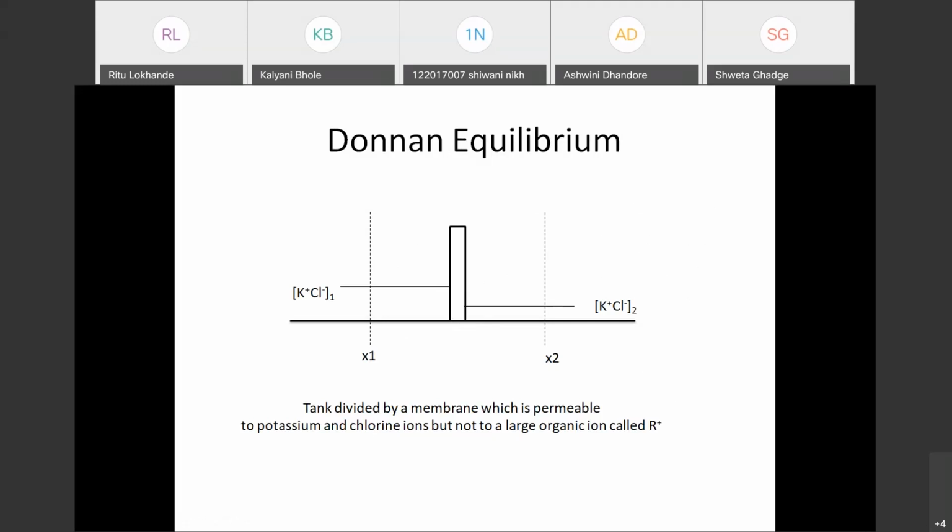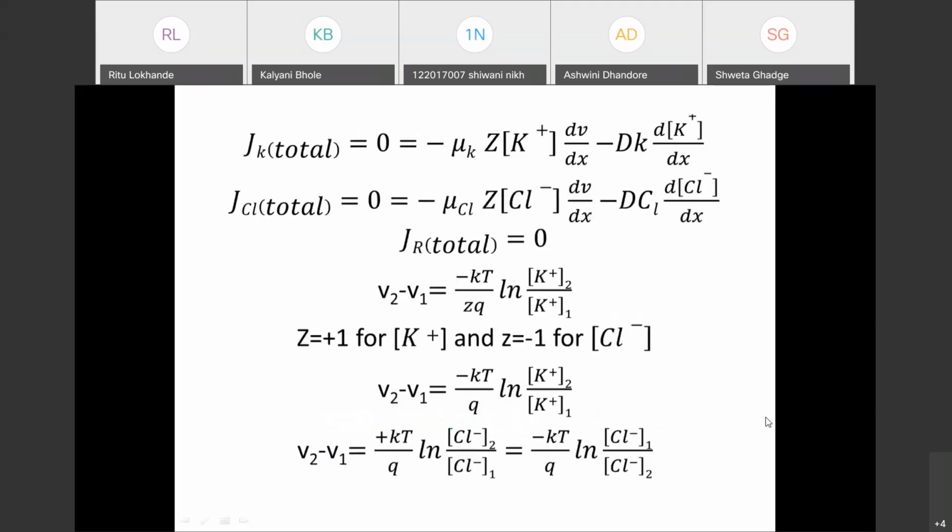Both potassium and chlorine are charged ions, but the membrane is not permeable to large organic ions like R plus. The general term used for an organic ion is R. So it is permeable to K plus and Cl minus, but not to any organic ion.